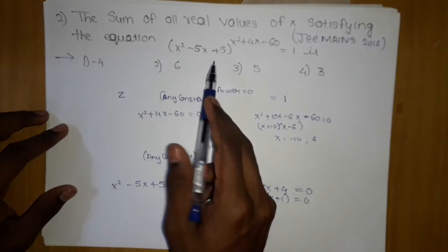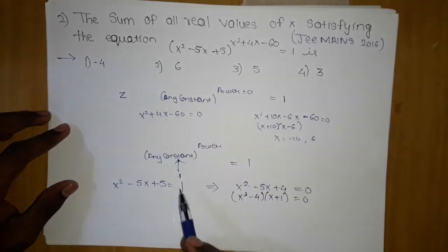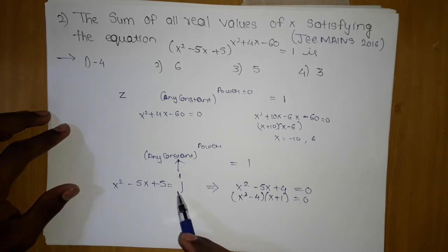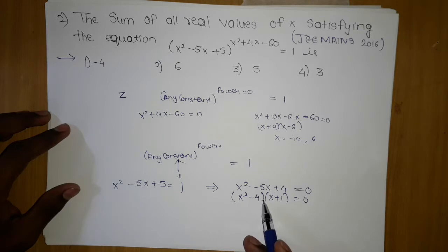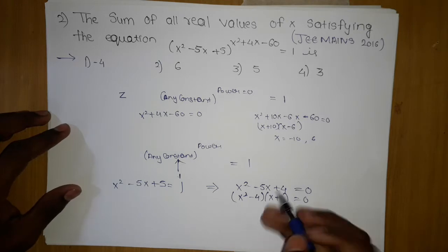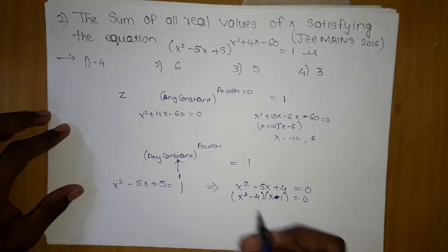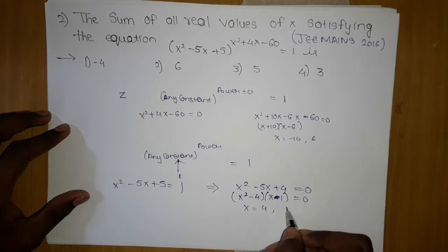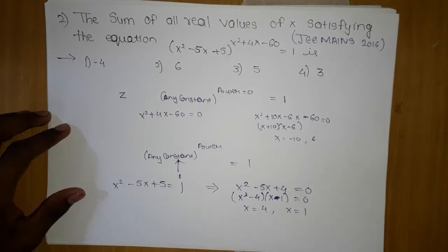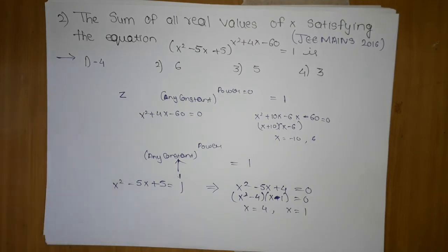So we are getting x equals 4 and x equals 1. Okay, so we got these two values.